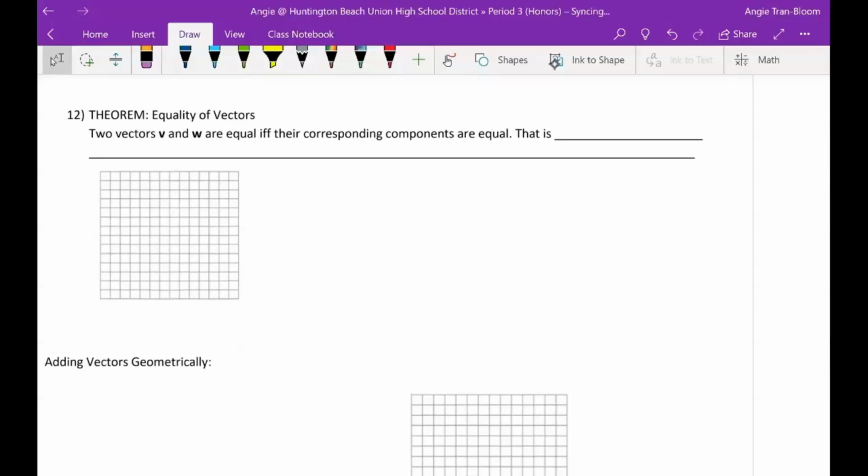Theorem 12, equality of vectors. Two vectors, let's call them v and w, are equal if and only if their corresponding components are equal.